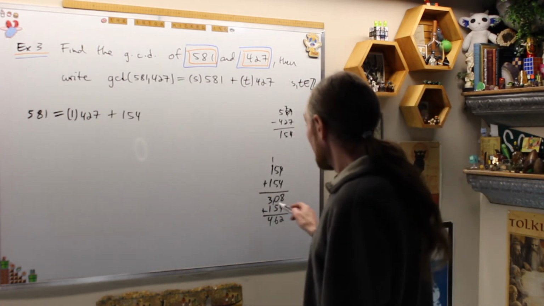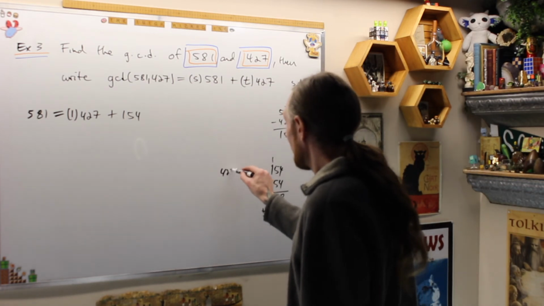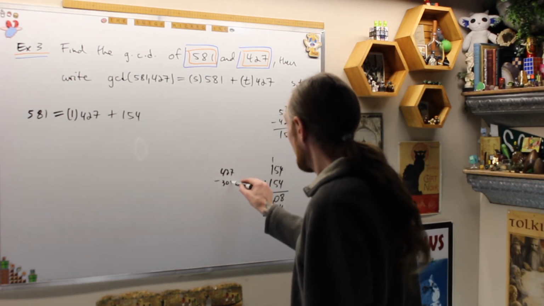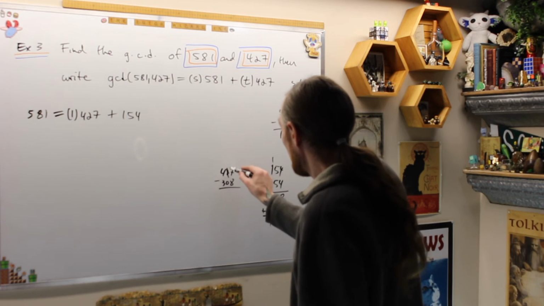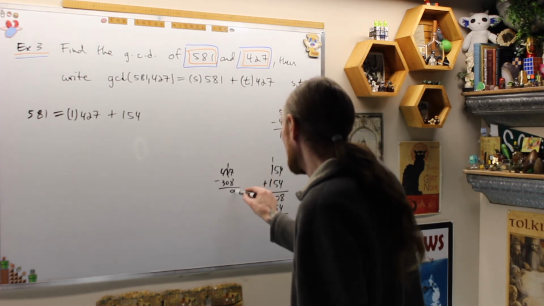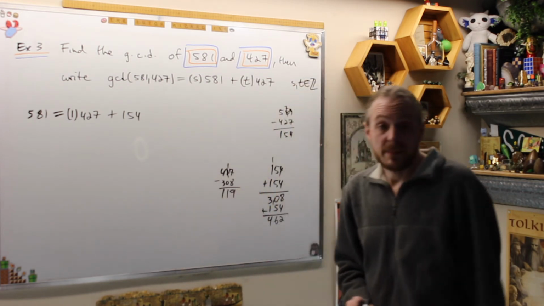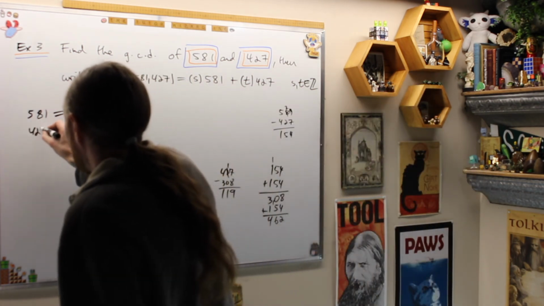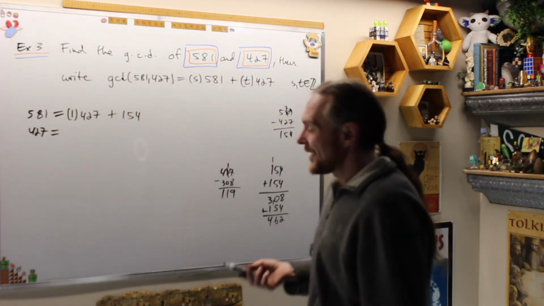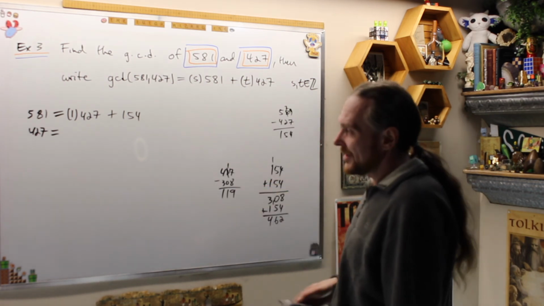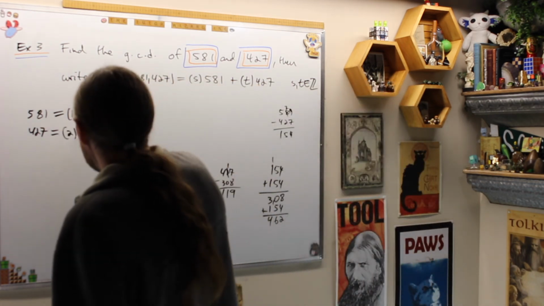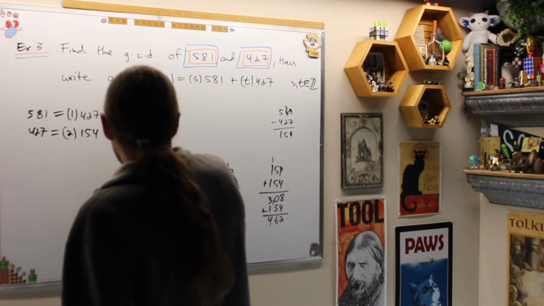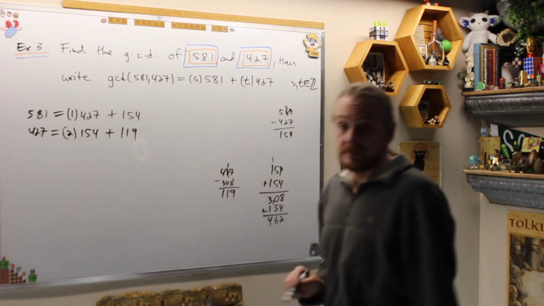So what that says is 427 minus 308 is going to be 119. So this tells me now that 427 is equal to, essentially, I'm just using long division, they're fairly close to each other. So this is going to be 2 groups of 154 plus 119.